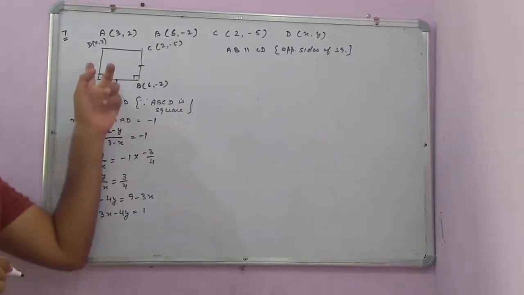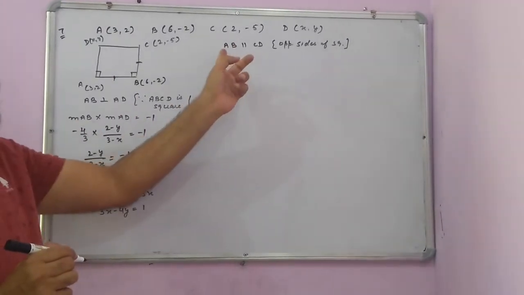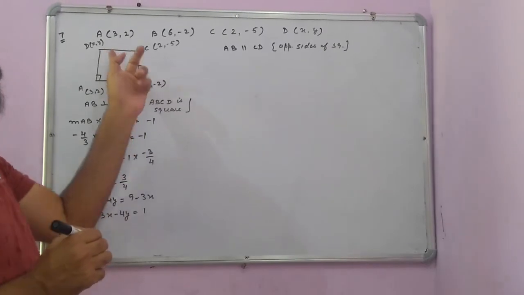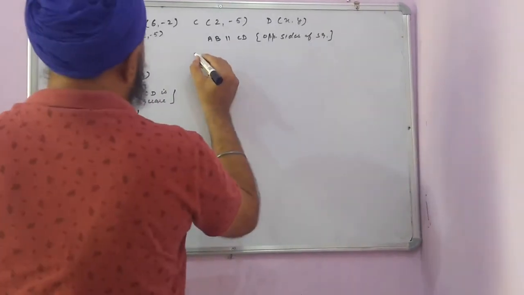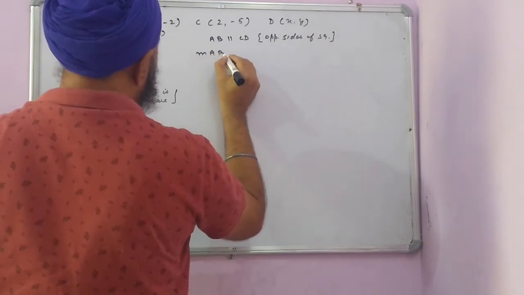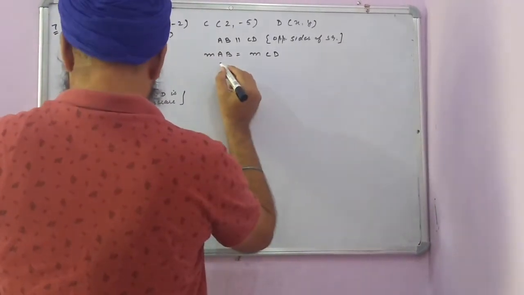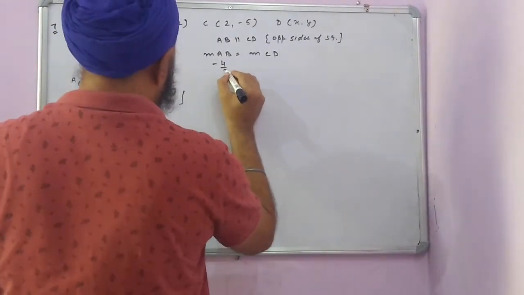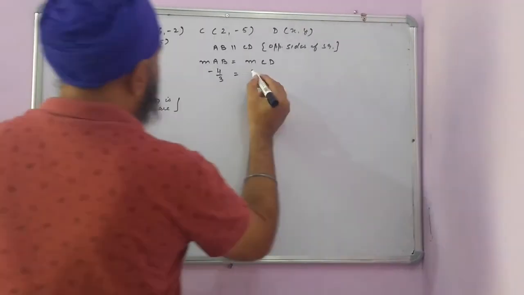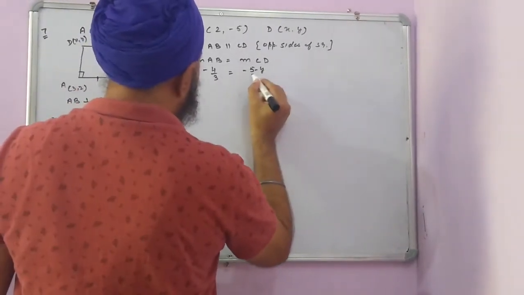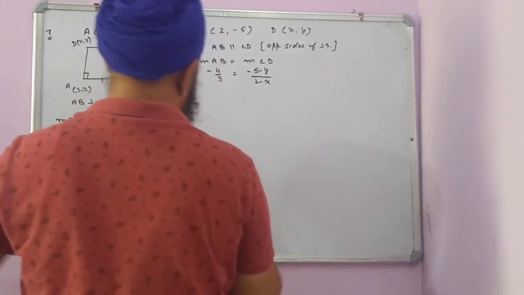If two lines are perpendicular to each other, then the product of their slopes is minus 1. Now AB is parallel to CD, opposite sides of a square are parallel. So m_AB is equal to m_CD. m_AB we know is minus 4 upon 3. m_CD is (minus 5 minus y) upon (2 minus x).